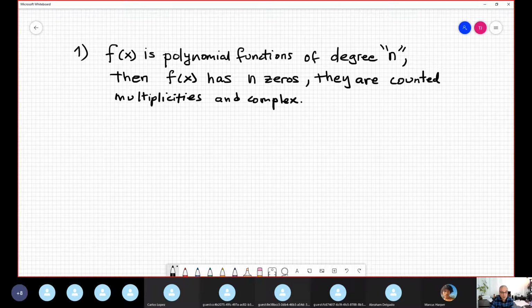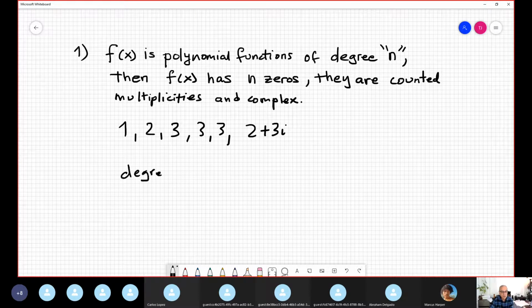Example to understand this idea very well. Suppose the zeros of the polynomial are 1, 2, 3, 3, 3, and 2 plus 3i. So the question is, what is the degree of this polynomial? Well, this is confusing, okay?